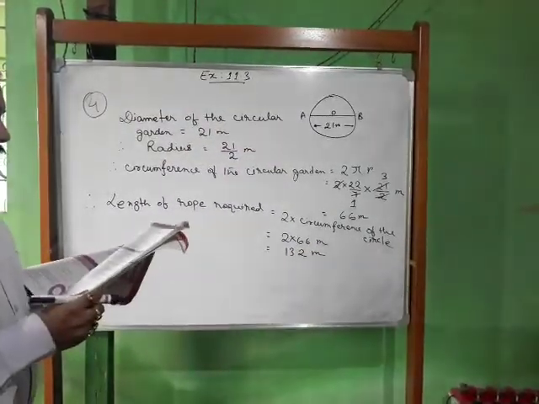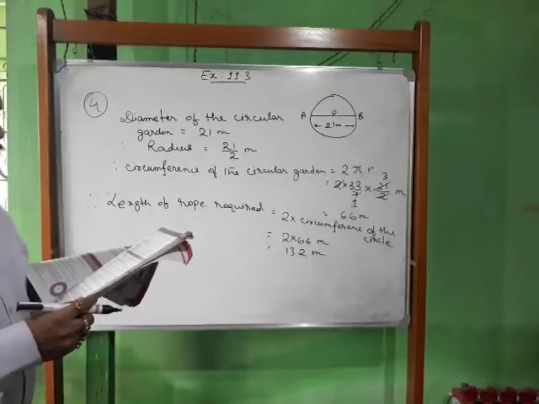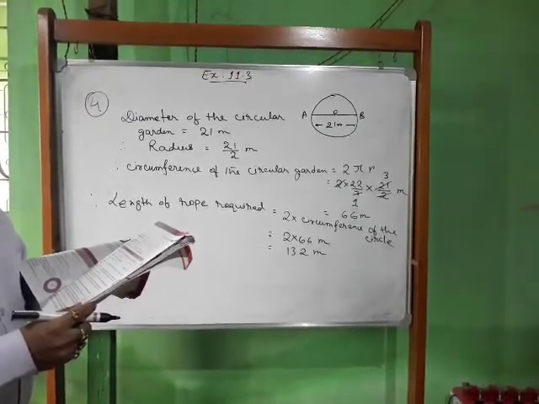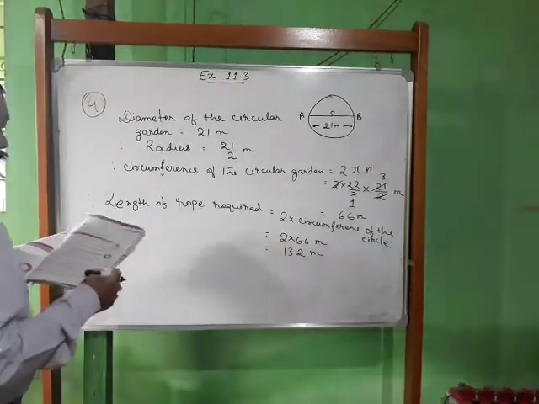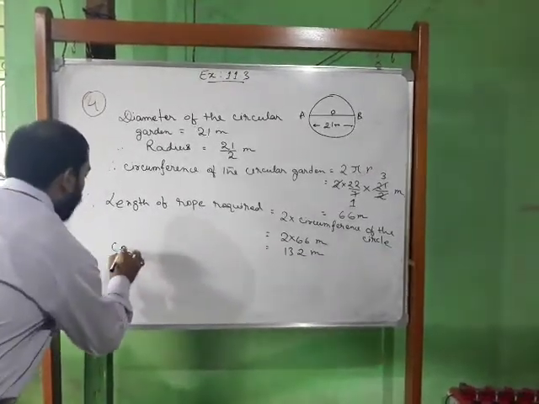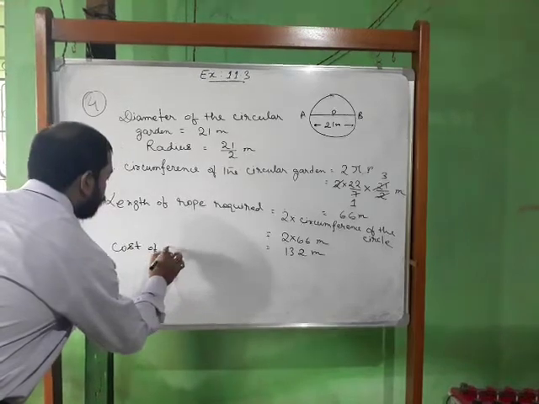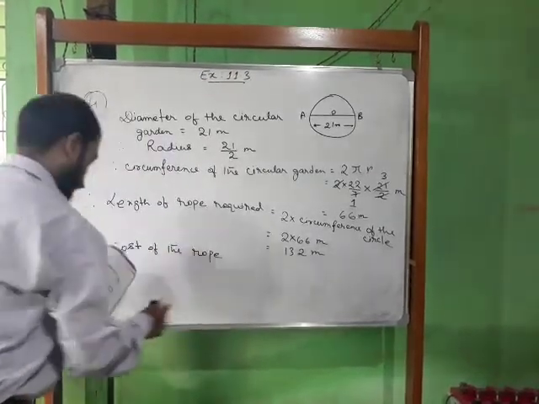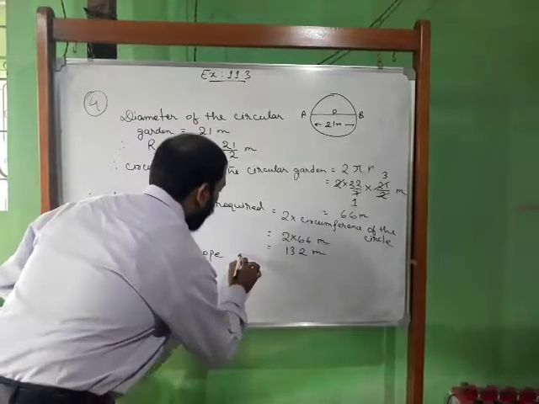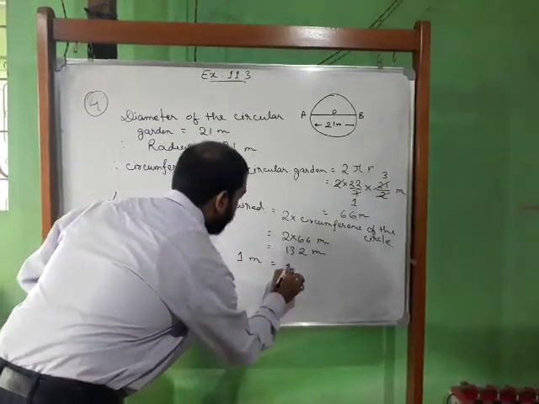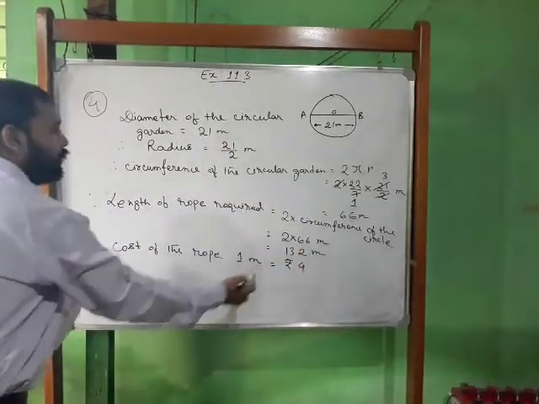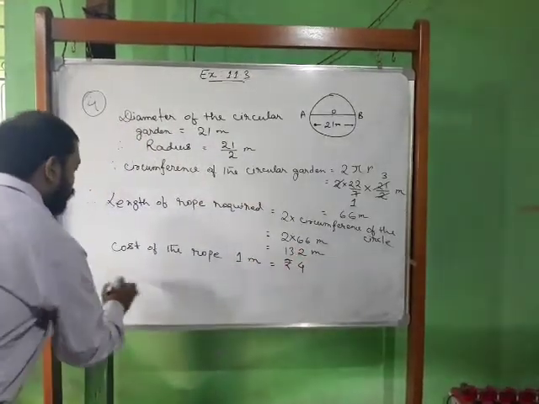So now we have to find the cost of the rope, and it is already mentioned that the cost of the rope per meter is rupees 4. Cost of the rope per meter means 1 meter is equal to rupees 4. Therefore we have to find out the cost of 132 meter.